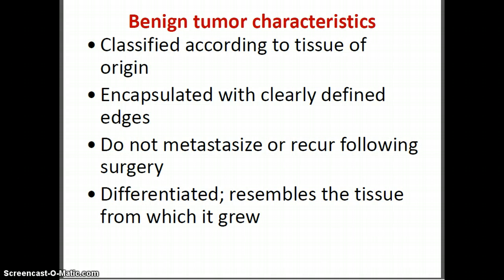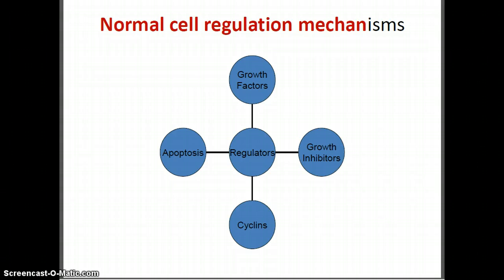All right, here are some benign. Benign literally means kind. So these are non-cancerous tumors. They can be dangerous. They can be life-threatening in some cases, depending upon where they are located and what vital organs they interfere with.